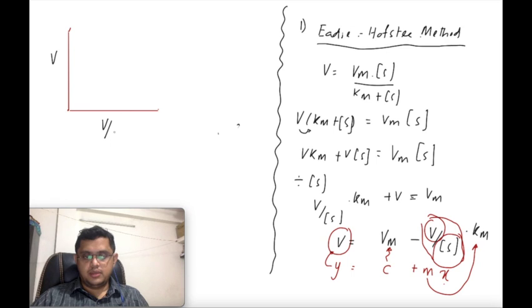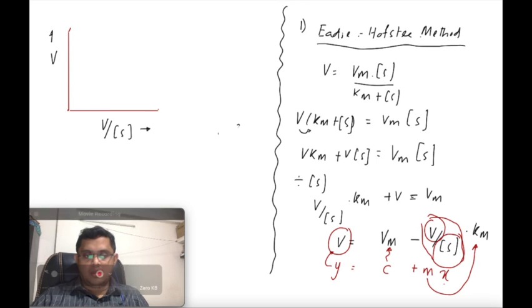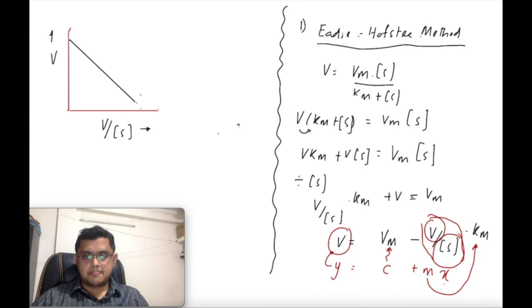The x-axis is going to be V by S. And what type of line are we going to get? We are going to get a line like this. Based on this straight line equation, we can calculate the m value, which is nothing but the slope. The slope is equal to minus Km, whereas your y-intercept is equal to Vm.